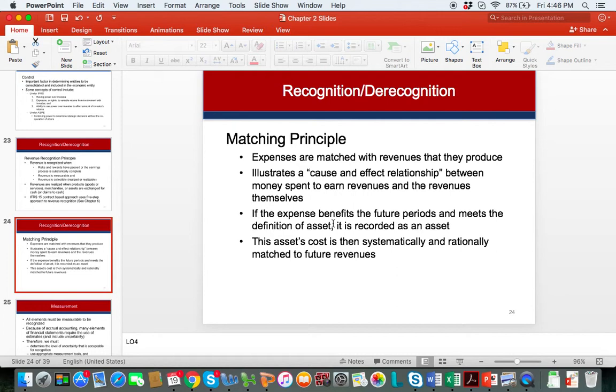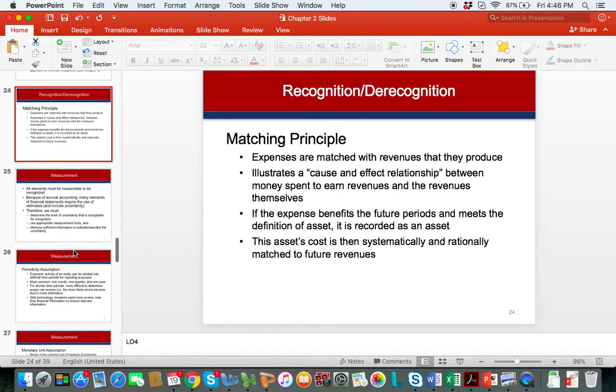If an expense benefits future periods and meets the definition of an asset, it is recorded as an asset. That could be a prepayment. This asset's cost is then systematically and rationally matched to future revenues. If you've prepaid for some stock or inventory, that would be an example of that.